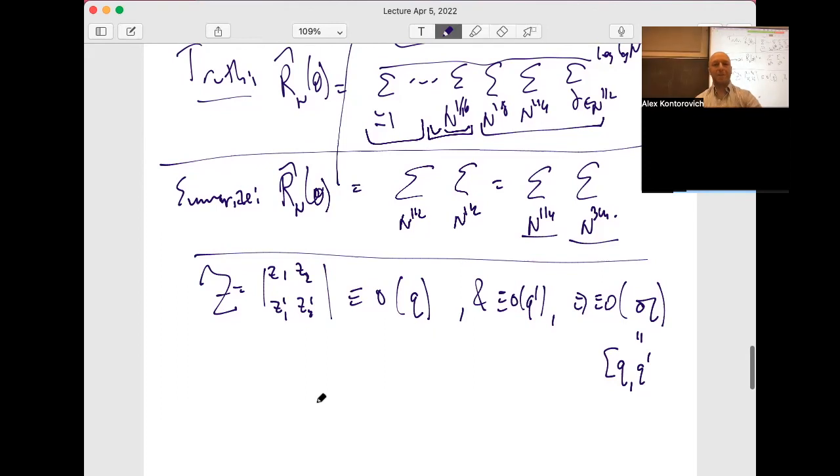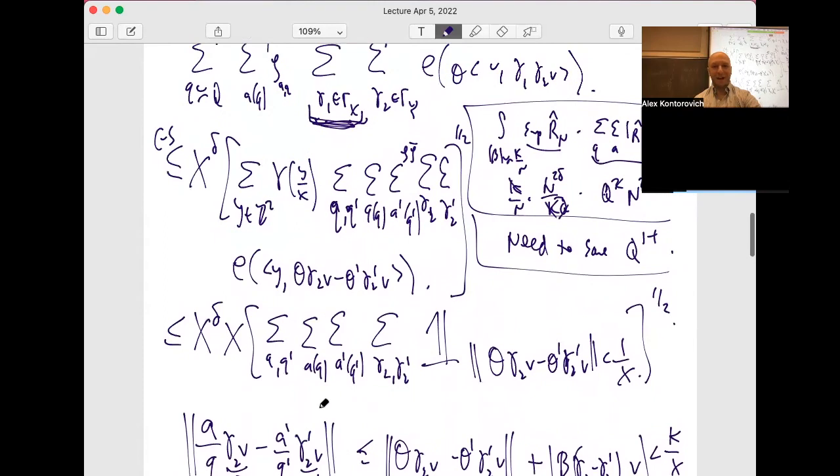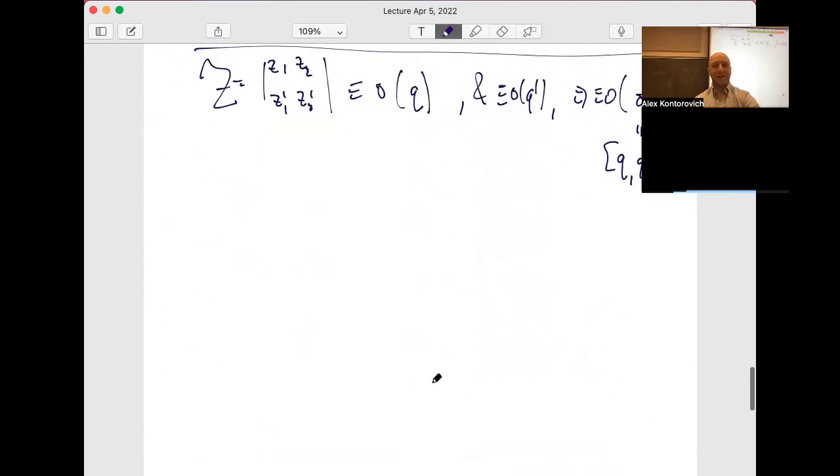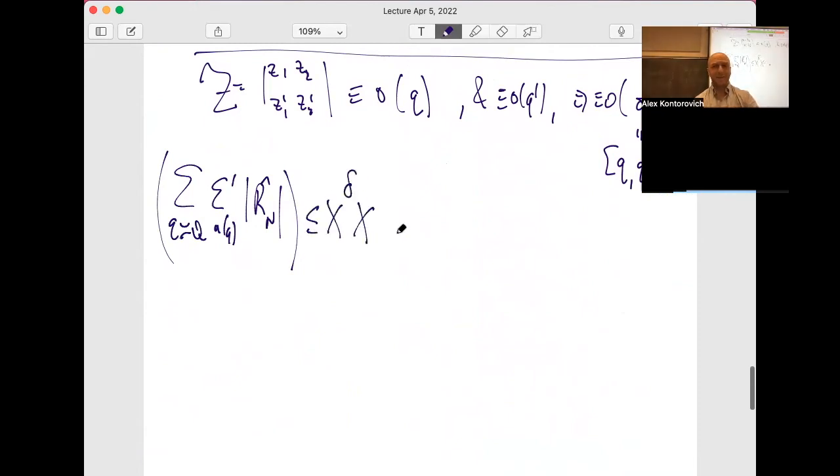Okay, so where we will pick up next time, well, we'll pick up right about here. We have that the second refinement, this sum over Q, a sum over A co-prime to Q, absolute value of Rn hat, not squared, is bounded by x to the delta times x times a sum over Q and Q prime and A prime and these z's, Z1, Z and Z prime, which are the substitutes.